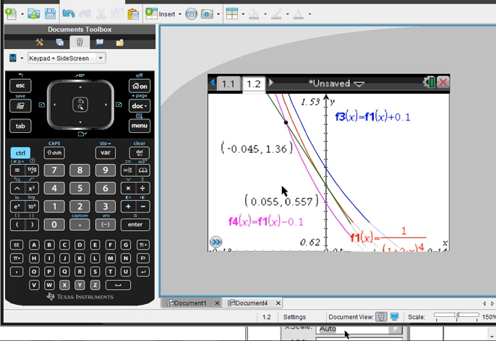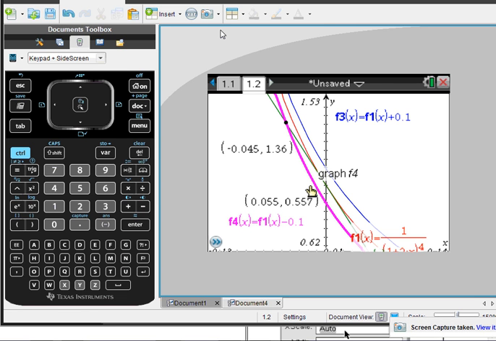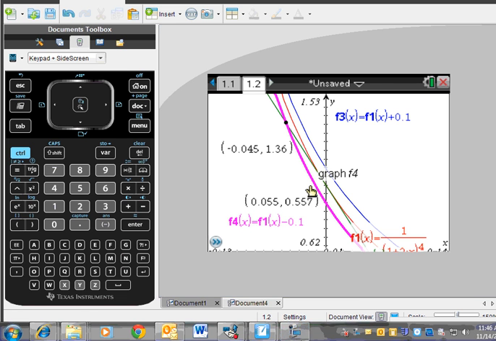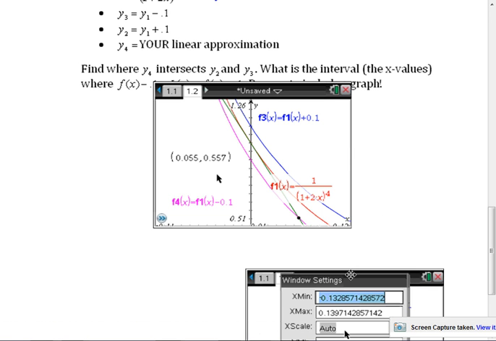There's the other answer. You can certainly borrow my Inspire calculators. They aren't in color. The one in color is the one David has. I'm not sure this is the right answer because I moved this graph around, but you got the idea, I hope. But I thought it was a good question.